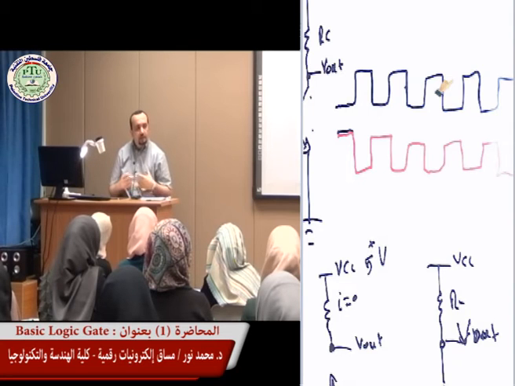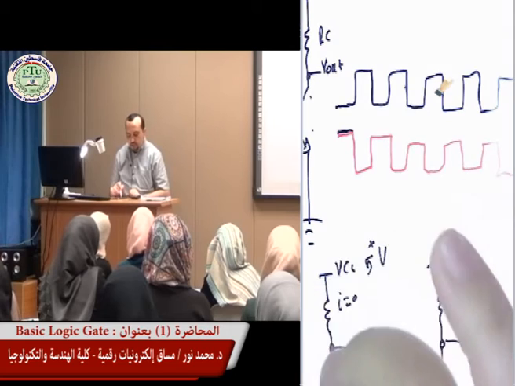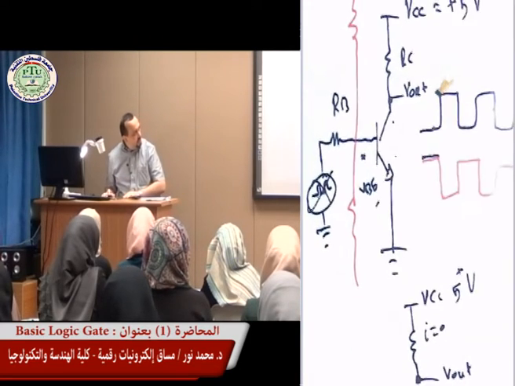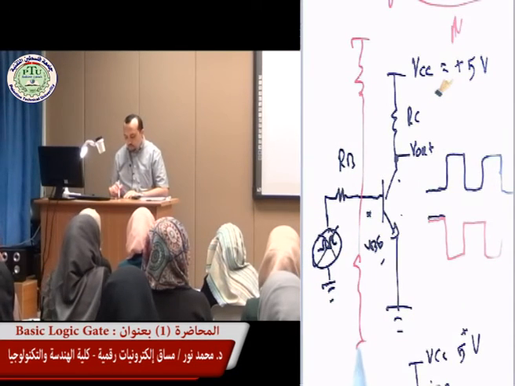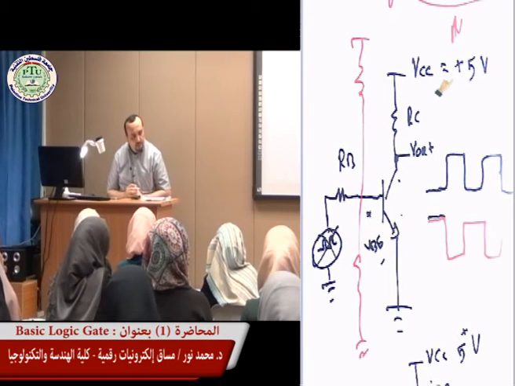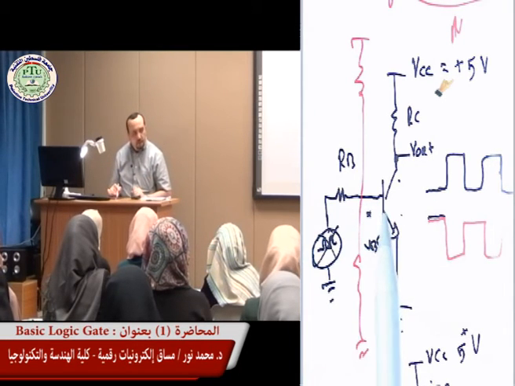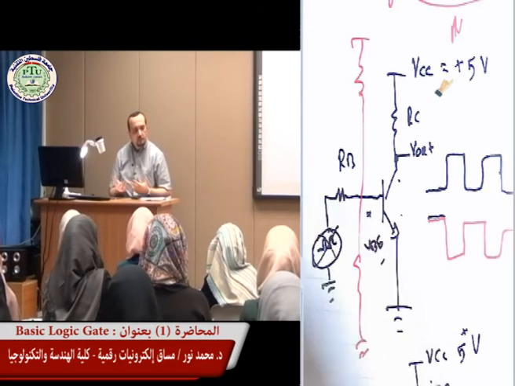It will not be done by itself. We have to have an external bias circuitry for it. Depending on the case and the circuit setup, we run the analysis on that basis. But it doesn't change: this is a switch, and we need to know where it is open and where it is closed. Very simple.